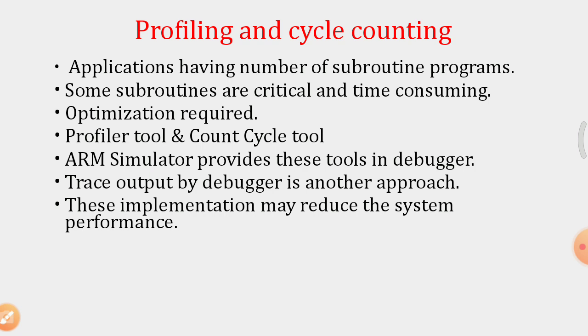In this way, by using these software tools, we can measure the performance of the subroutine program. The ARM simulator provides these tools in a debugger. So we have the ADS 1.1 debugger that provides these profiling and cycle counting features.